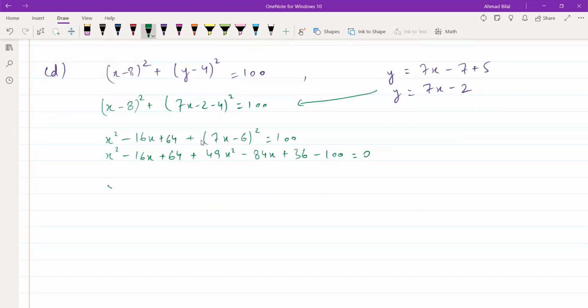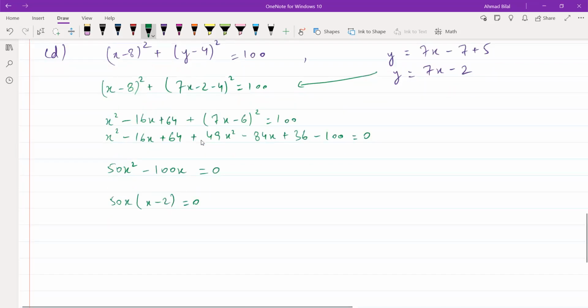To simplify this again, it becomes 50x squared minus 100x equals 0. And that gives us 50x common into x minus 2 equals 0. So either x equals 0 or x equals 2.